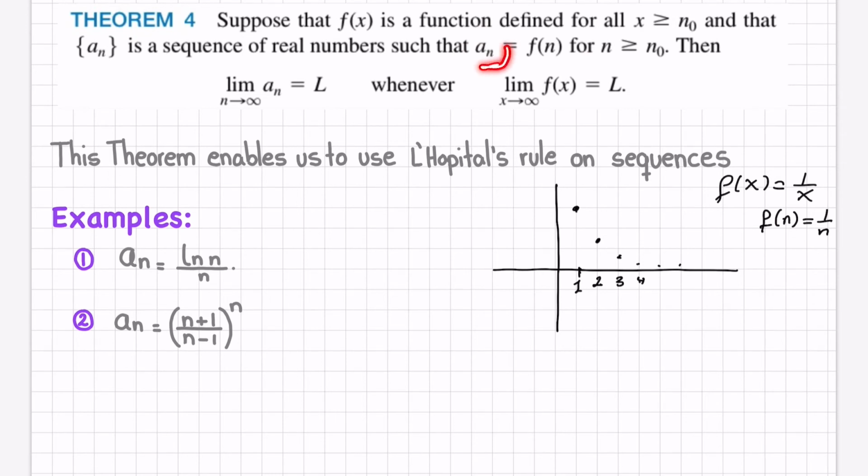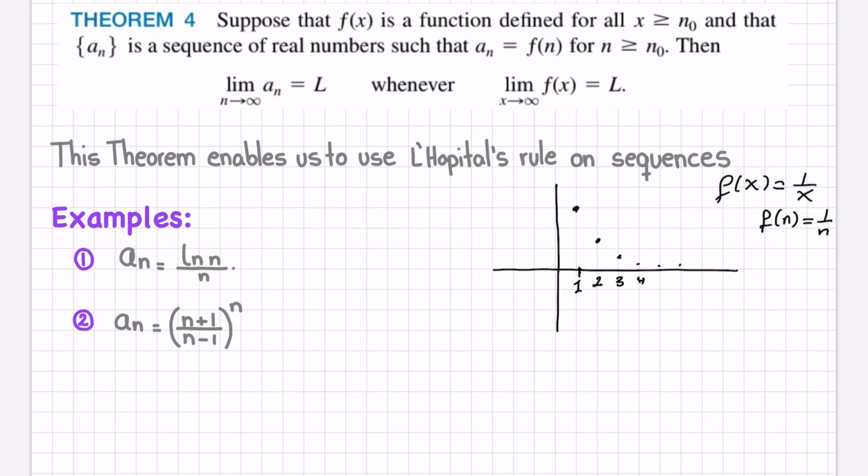If that is so, if you can write the general term as a function evaluated at n, then the limit of the sequence is L whenever the limit of the function is L. So if the limit of the function is 0, then the limit of the sequence is 0.